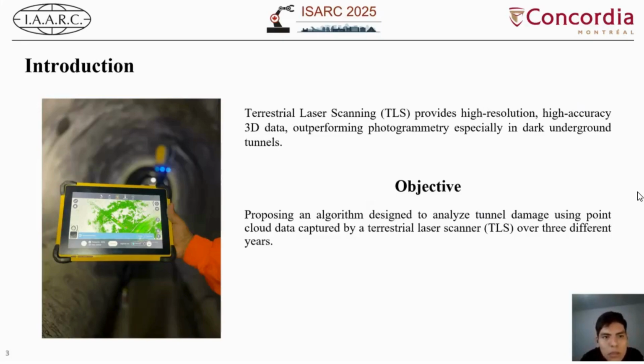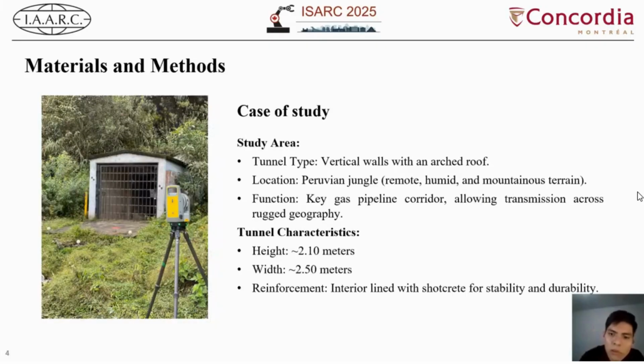So our objective was proposing an algorithm designed to analyze tunnel damage using point cloud data captured by a TLS over 3 different years. When I joined the team, I found that there was another database related with different years.